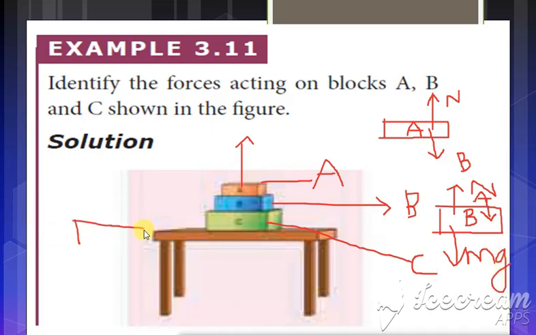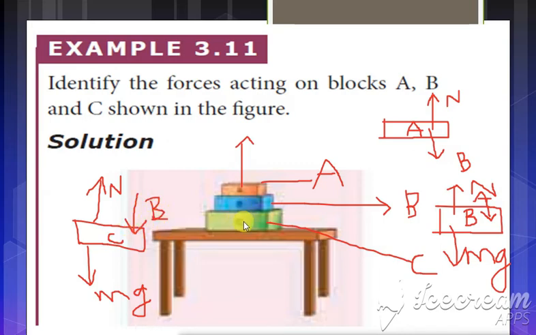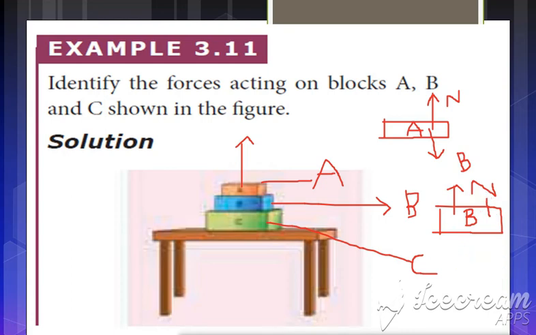Next is the block C. So when you consider the block C, generally it has the 2 forces, which are normal force and the gravitational force, which is mg. Then again the force due to the block B. B exerts a force on C, is it not? So this is the forces which are acting on the 3 blocks A, B and C.